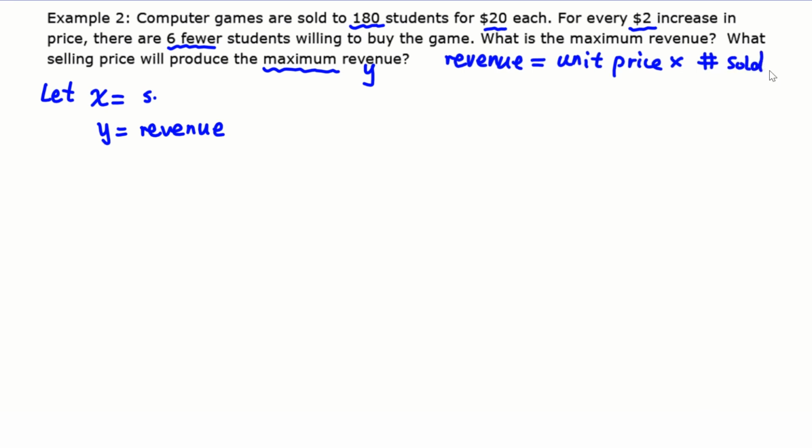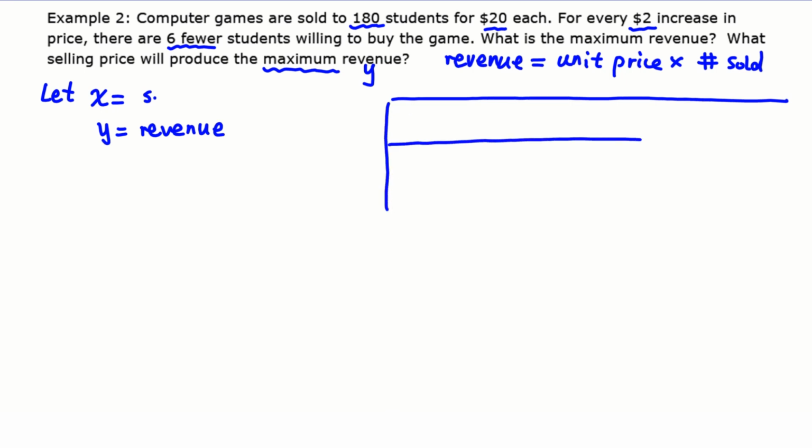And here it is the number of students. So we are going to draw a chart to show you. You don't have to draw it, but drawing a chart is easier for you to organize all this data. So this one, revenue.